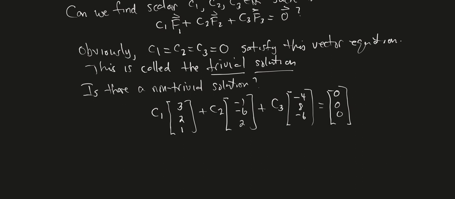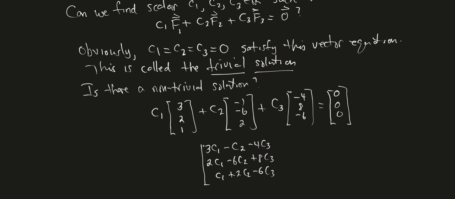So if I do my scalar multiplication and vector addition, this is what I end up getting on the left-hand side: 3c1 minus c2 minus 4c3, then 2c1 minus 6c2 plus 8c3, and from the third components, c1 plus 2c2 minus 6c3.